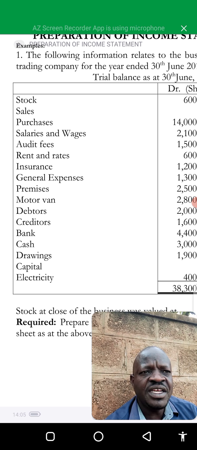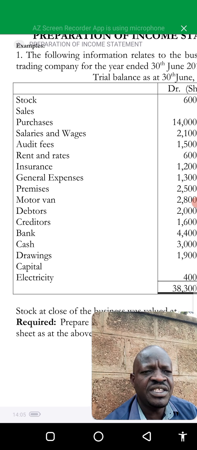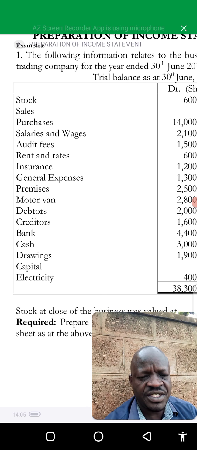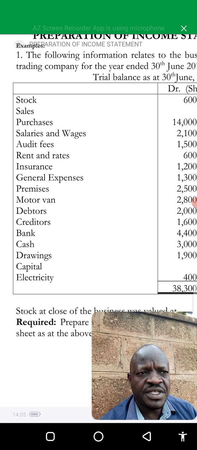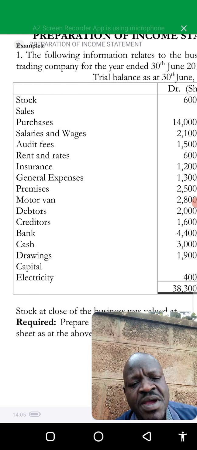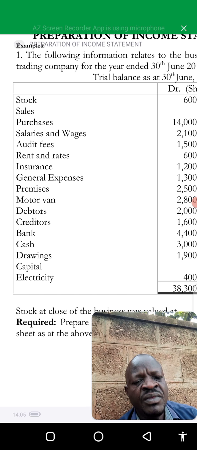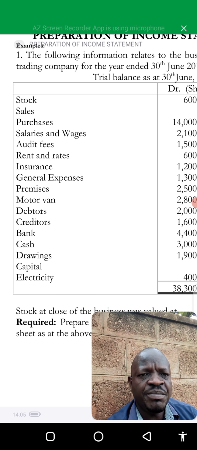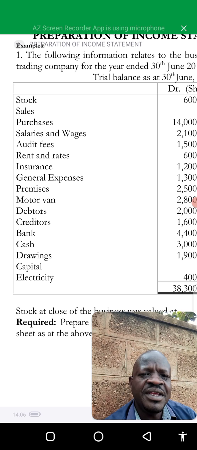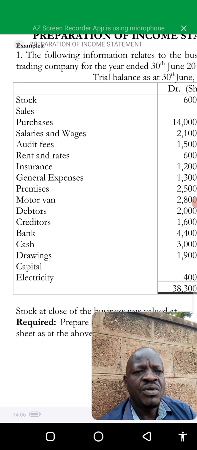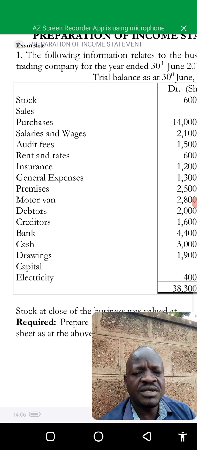Most businesses are looking at profits, except businesses which are owned by the government. Their objective is not profit. But individuals who get money and put it in business are looking at making profits, and therefore you cannot avoid that.